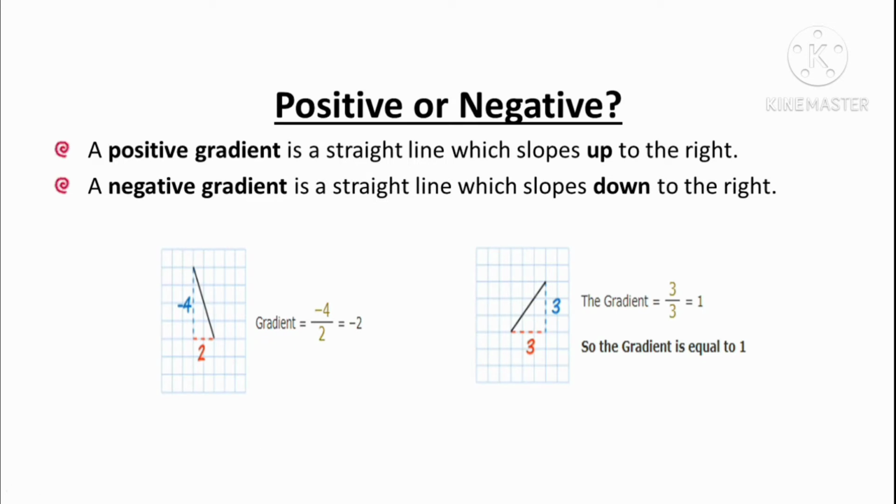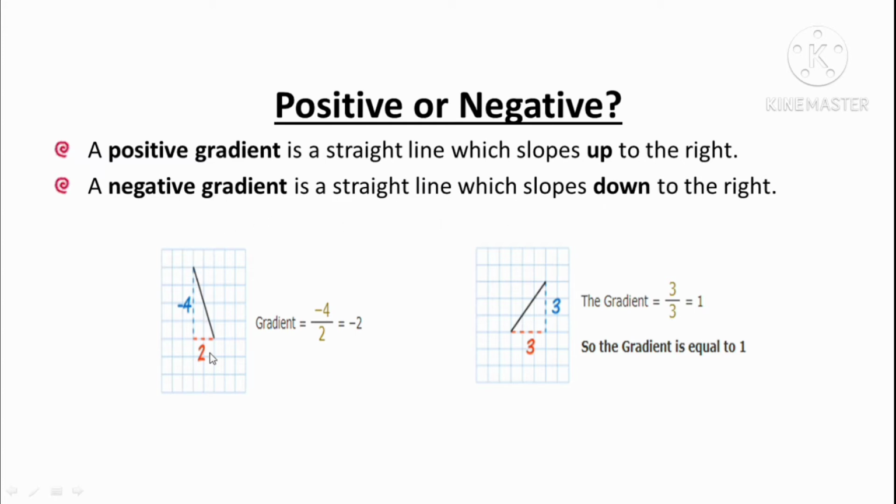So positive or negative? A positive gradient is a straight line which slopes up to the right. A negative gradient is a straight line which slopes down to the right.